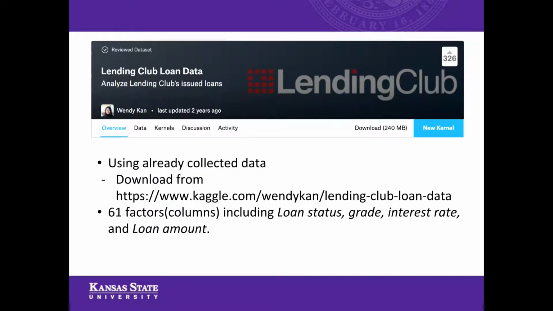First, this dataset is from Kaggle.com. It's called the Lending Club loan data. There are 61 factors, or columns, including loan status, grade, interest rate, loan amount, employment length, and more.